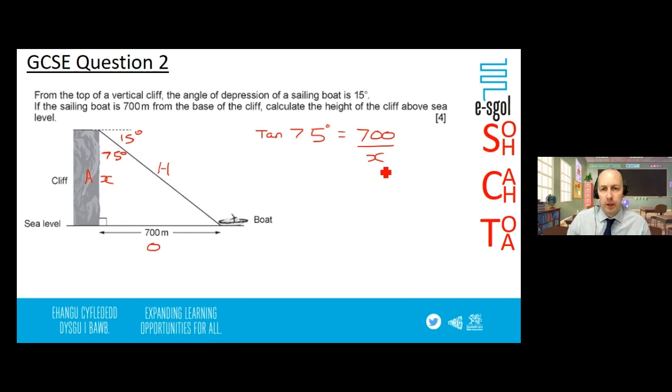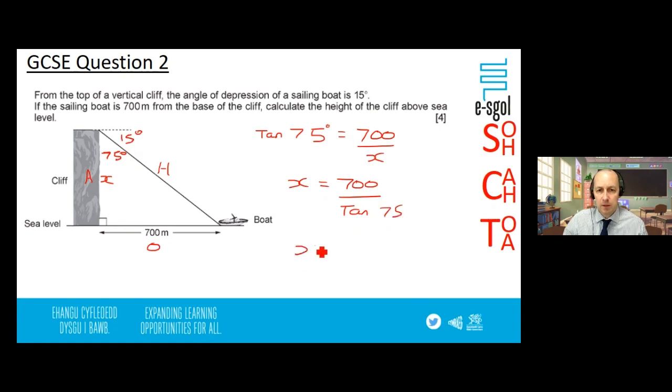Now, this is one of those funny questions where the side we're finding is on the bottom. So in this case, what I'm going to have to do is move that x up and move tan 75 down. So x goes up there, 700 stays where it is, and we're dividing 700 by the tan of 75.